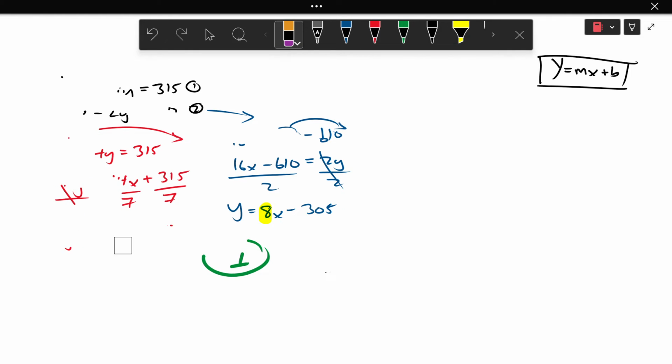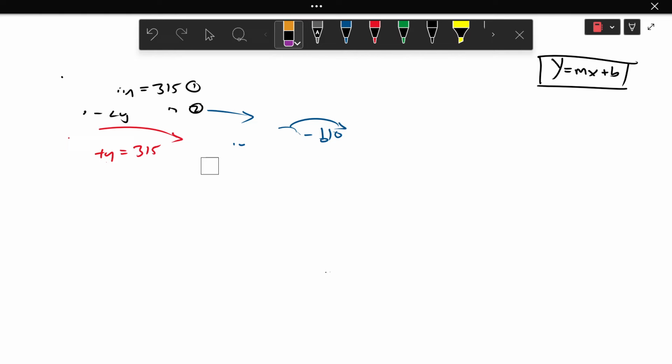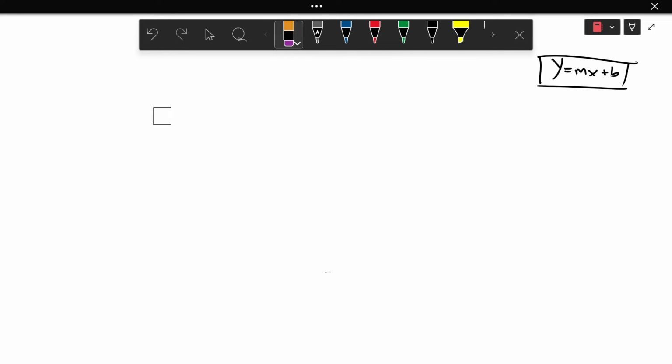So again, just while I'm erasing here, whenever you're doing these questions where you're trying to determine the number of solutions, first thing you do, put your equations in slope-intercept form. y equals mx plus b. Then when you have them in y equals mx plus b form, you just look at the slope. If the slope is different, right away you have one unique solution, because it means you have non-parallel lines that will intersect somewhere and therefore give you a solution.